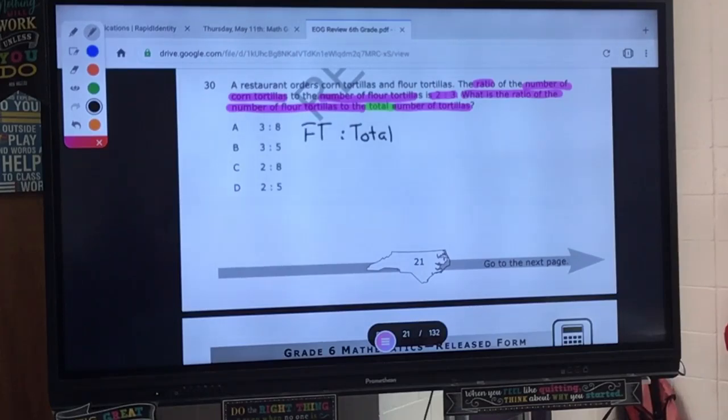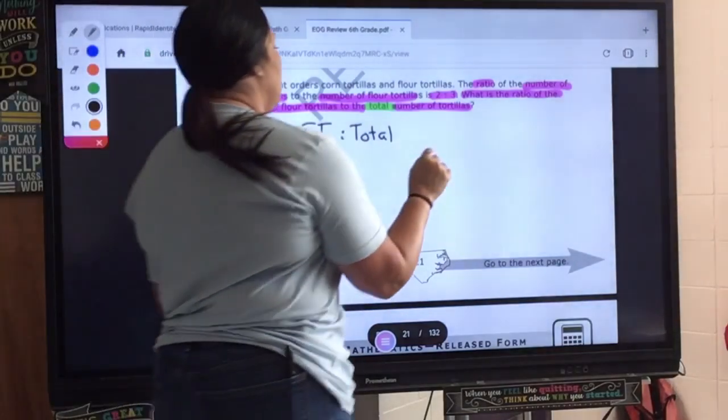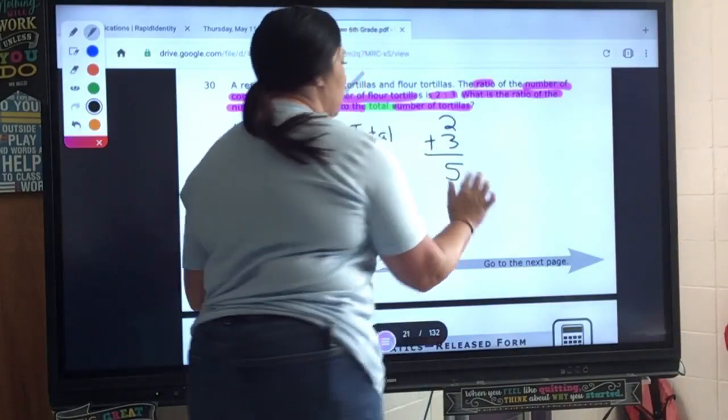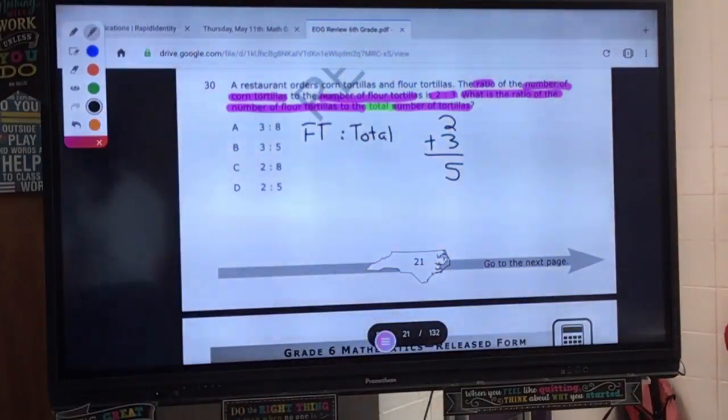How do we find the total? What do we have to do? Add what do we have to add? 2 and 3. And why do we have to add 2 plus 3?